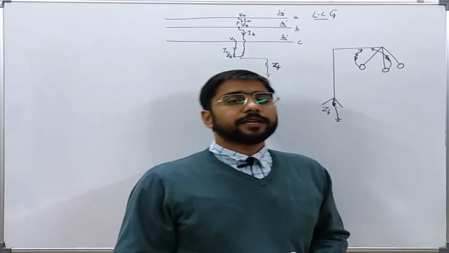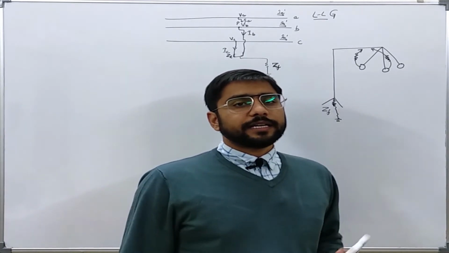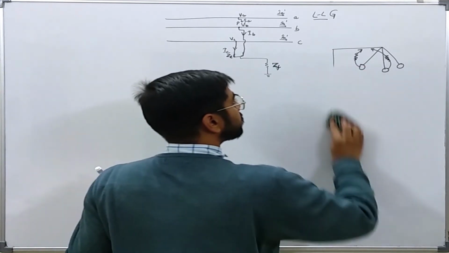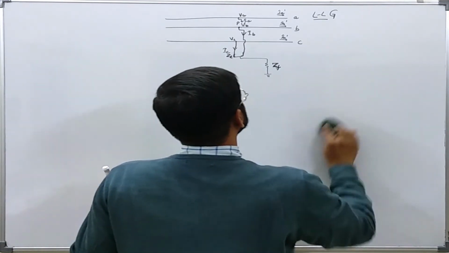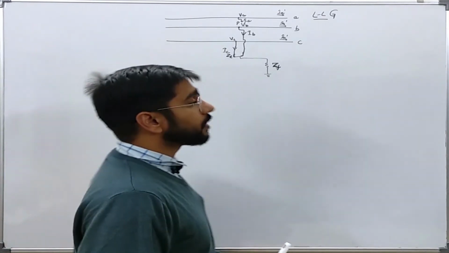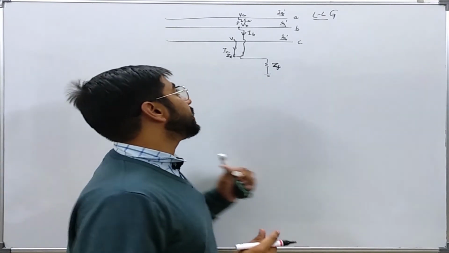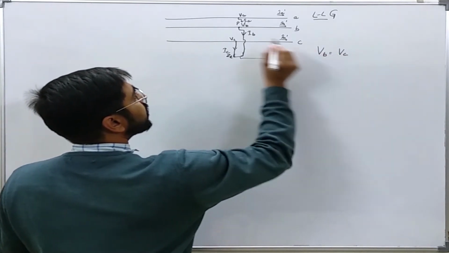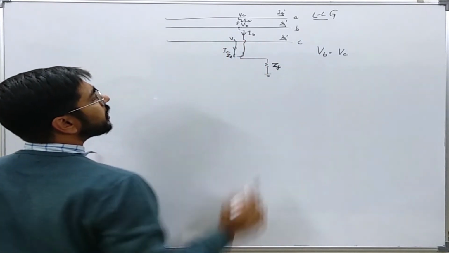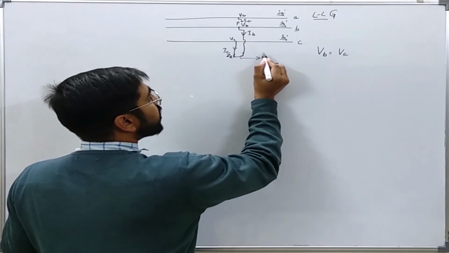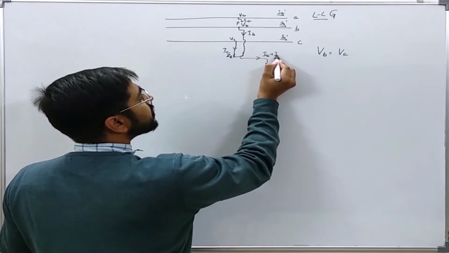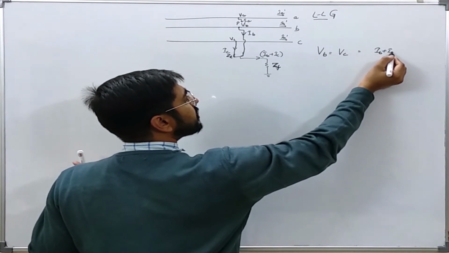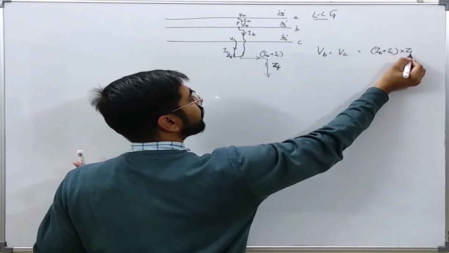Now we will try to find the interconnection of various sequence networks in such kind of fault. Okay, let me erase this first. Now from this scenario we can see that VB is equal to VC. This voltage is equal to this voltage and this current is IB plus IC, and the voltage is IB plus IC into ZF.